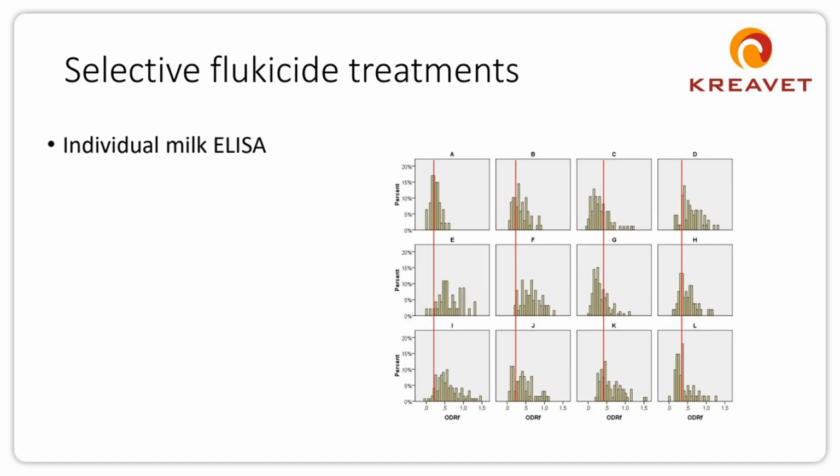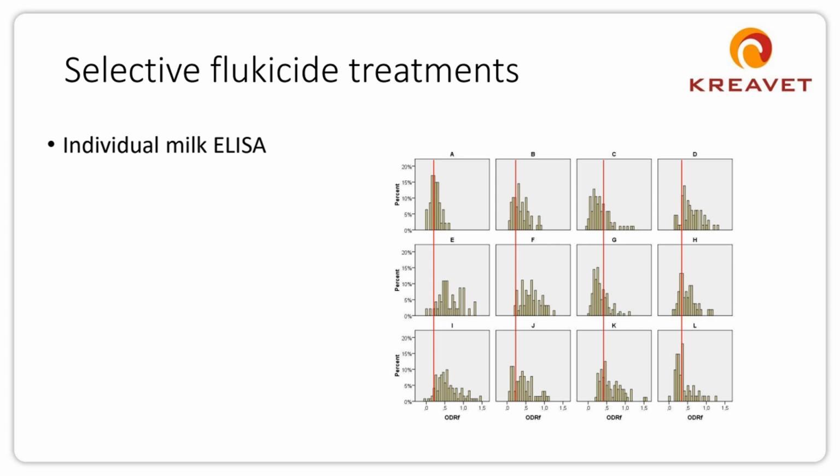So building further on this possibility of individual treatment for flukicides, this is just an example of 12 herds where we did all the individual ELISAs. All these herds are positive on bulk tank milk test, and this is just to show the variation. The red line represents the cutoff in the test, so all the animals right of the line are the positive animals.